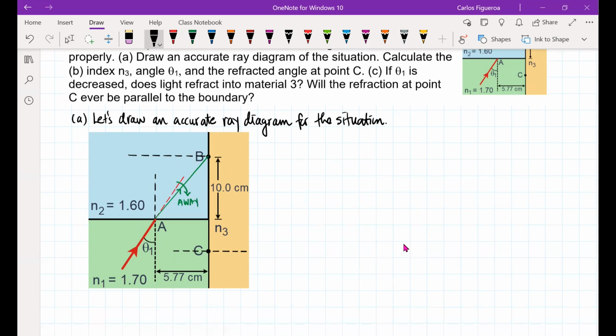Right? So the first thing that I should say here is that since N1 is greater than N2, the ray bends away from the normal at A. No surprise. Now what they're telling us here is that the ray is critical at point B. So if it's critical, that means the ray has to be parallel to the boundary.